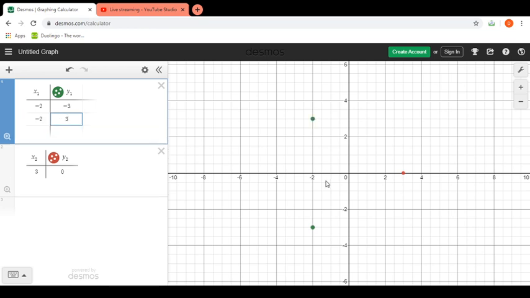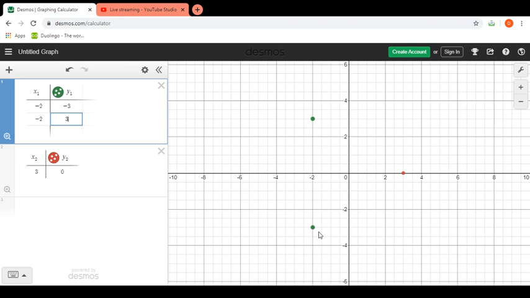I have plotted this point. So you see the distance of this point is 3 units, and also the distance of this point from the x-axis is 3 units. So the image of this point is formed as far behind the mirror as the object is in front of it.